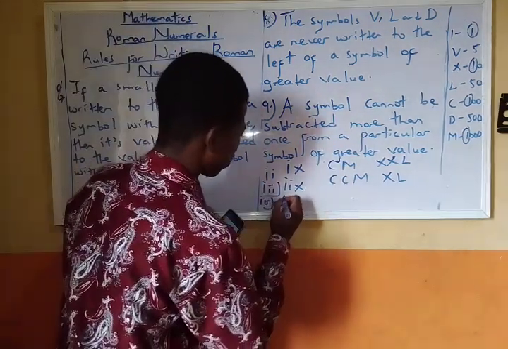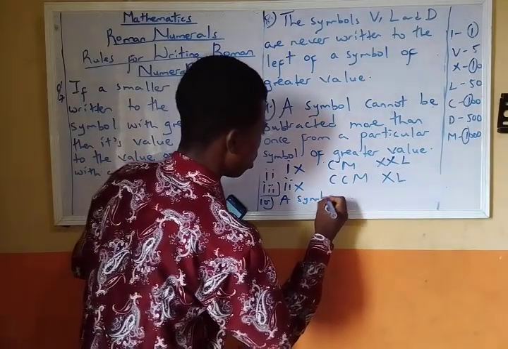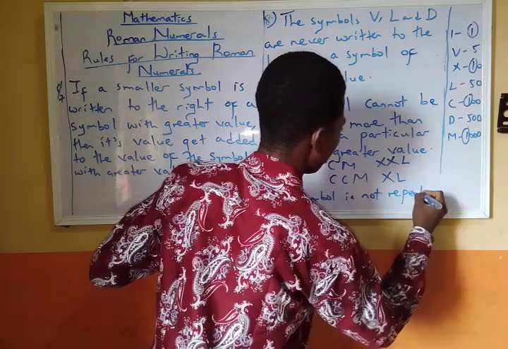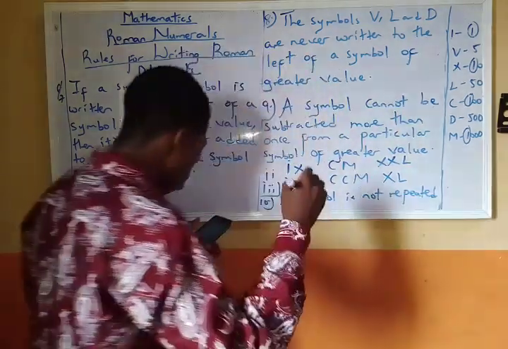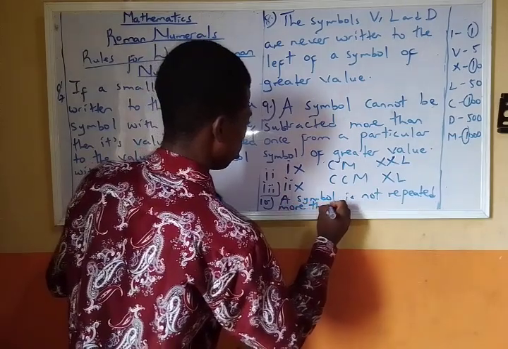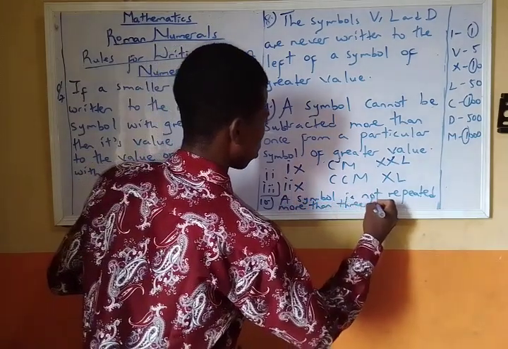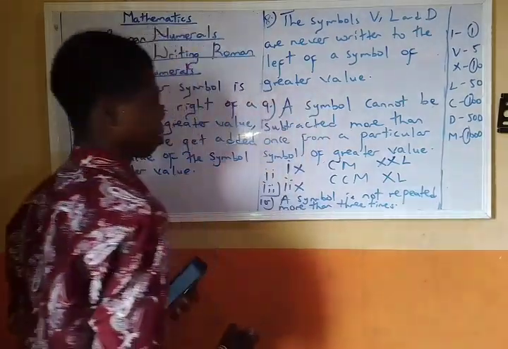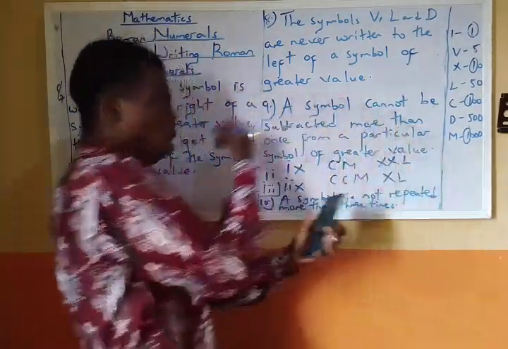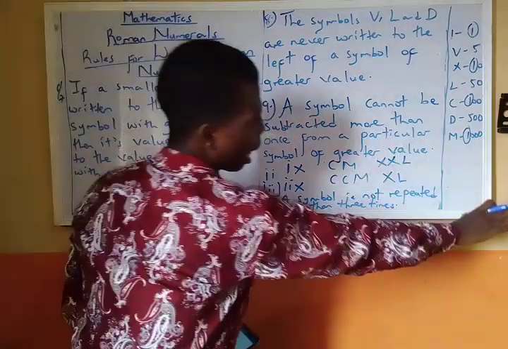Number 10: a symbol is not repeated more than 3 times. However, repetition is addition here.